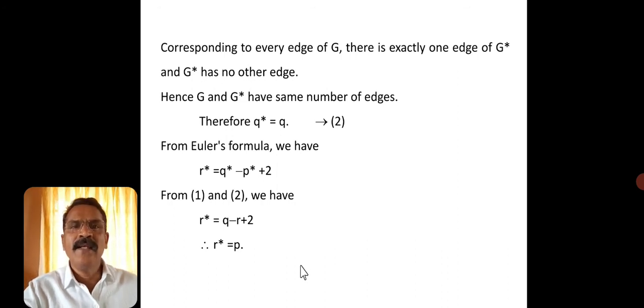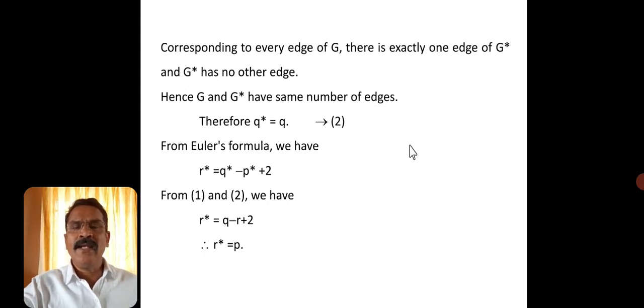It implies the number of edges in G star will be equal to the number of edges in G. Therefore, corresponding to every edge of G, there is exactly one edge of G star, and G star has no other edge other than those crossing the common edges between two faces. Hence the graphs G and G star have the same number of edges. Therefore, Q star is equal to Q. Say this is the second equation.